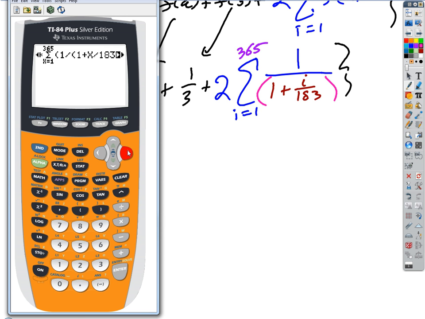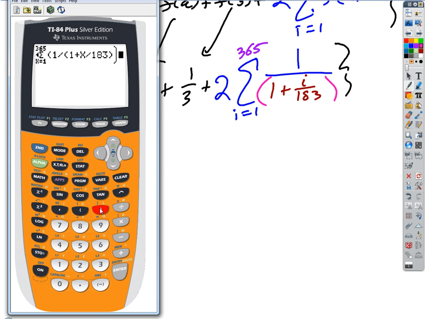Okay, there are the parentheses for the sigma. But what else do I need to do? You gotta close. Actually, those aren't even the parentheses for the sigma, are they? Those are just the parentheses for the bottom, it looks like. Okay, so we need to close the sigma. That looks weird. What happened to our sigma parentheses? Does somebody see what's going on, what do I have to do?